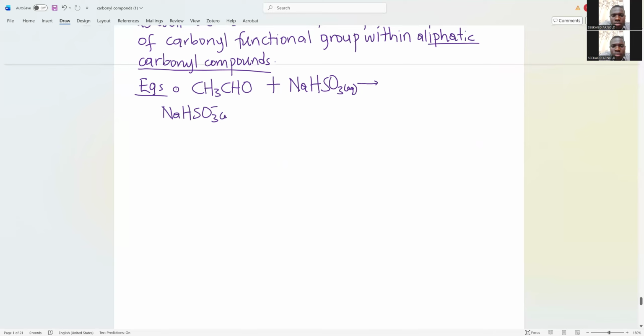In solution, it is made up of two parts: sodium ions and hydrogen sulfite. Those are the two parts which make up sodium hydrogen sulfite. Then I bring my carbonyl compound. I expose the functional group very well.